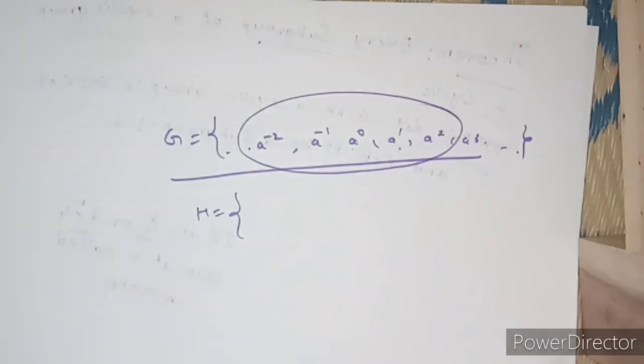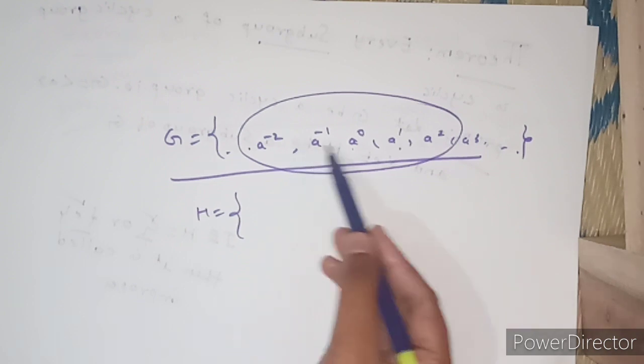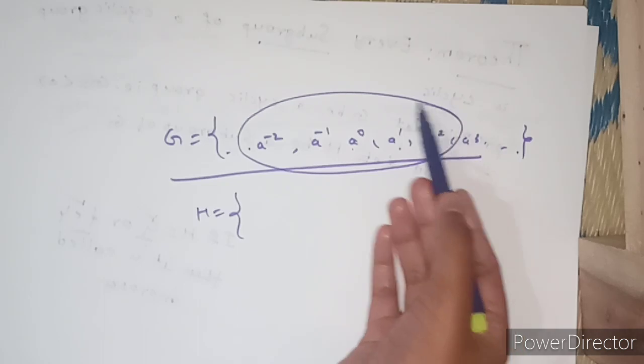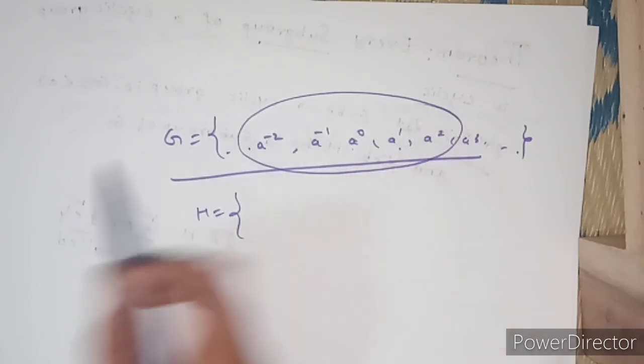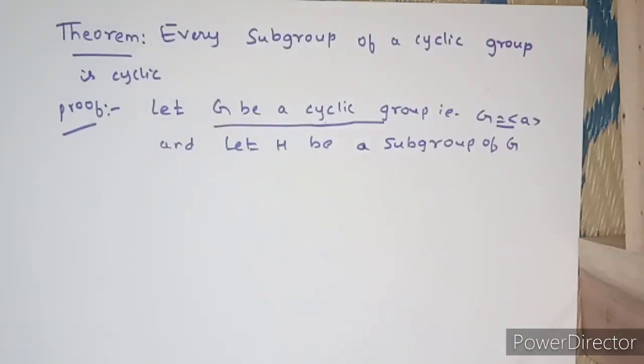Now here we have to show that a subgroup of a cyclic group is cyclic, right? So H also contains some elements of G. Here we have two cases.